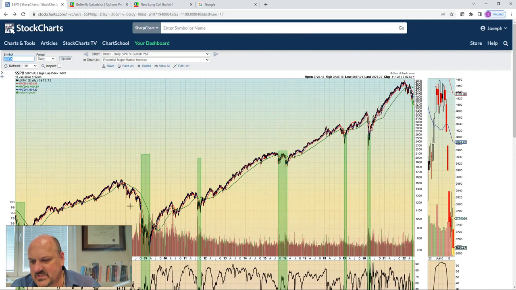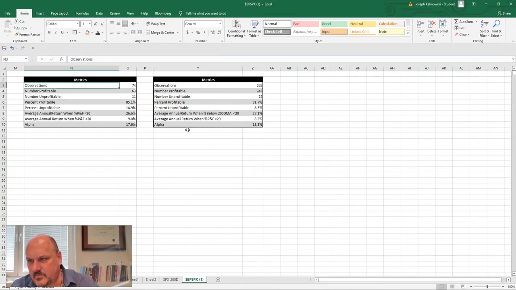I found this interesting because I went back in time and calculated every time the percent of companies in bullish PNF formation was this low. It happened 74 times over the history. I went back like 30 years.